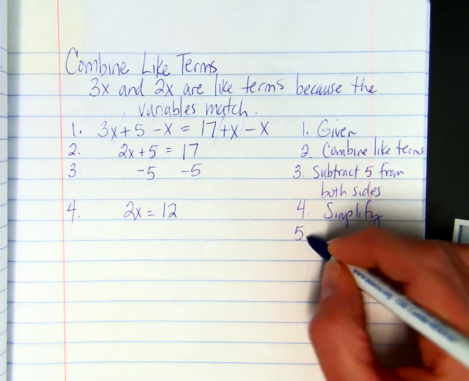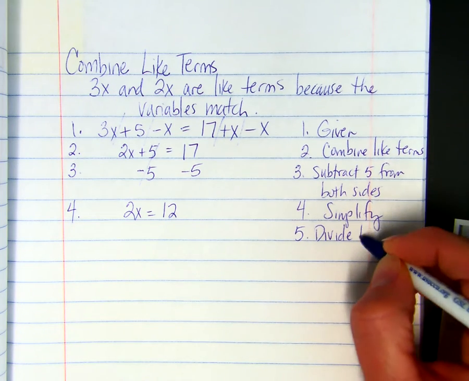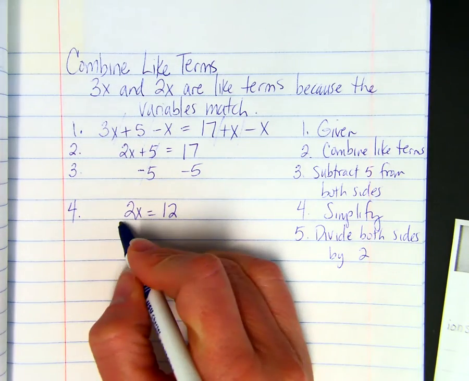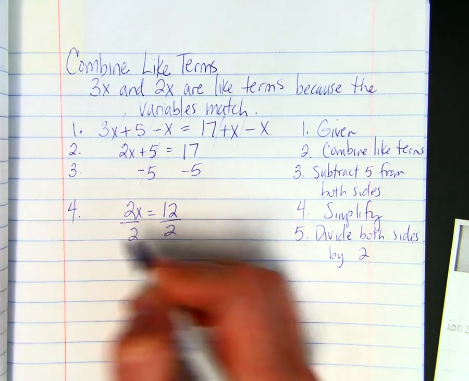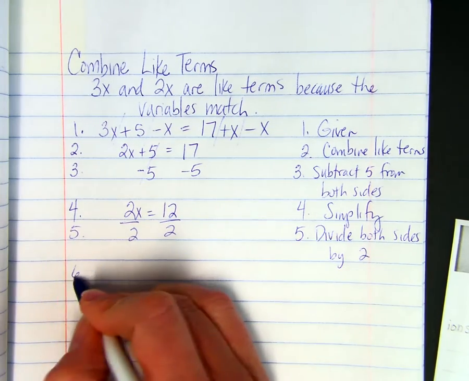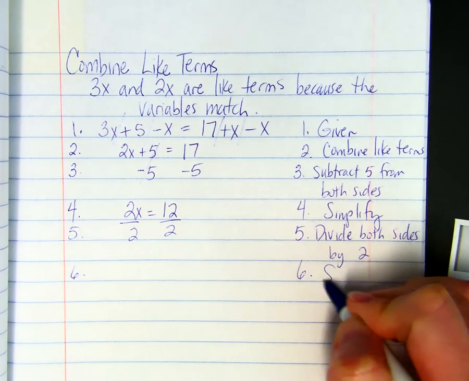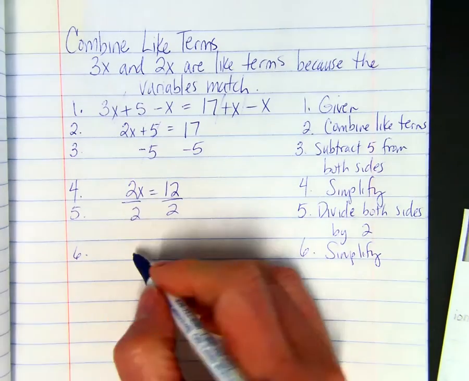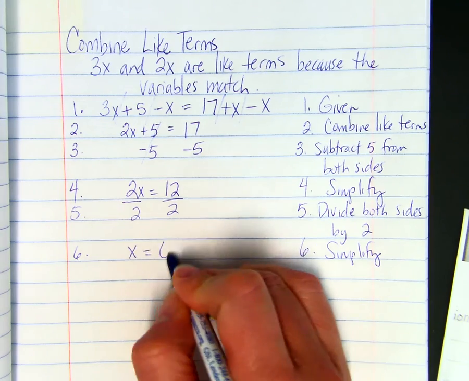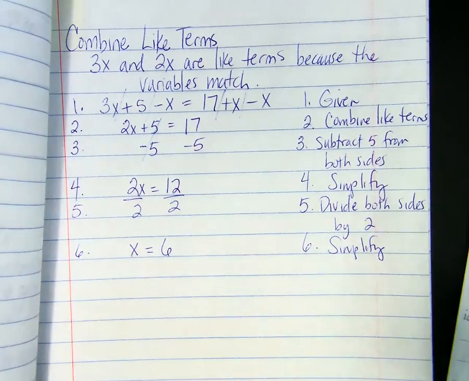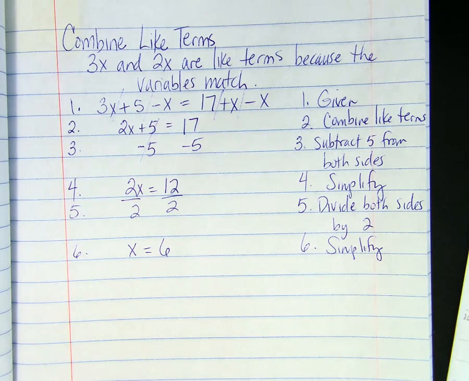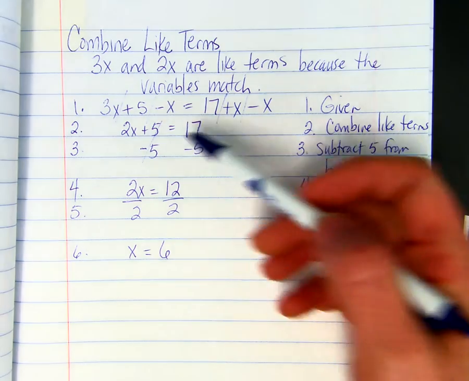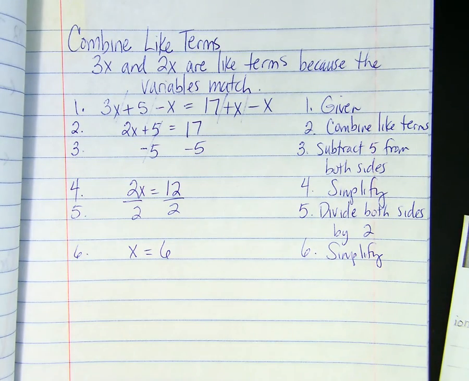Then we're going to divide both sides by 2, and that will be step 5. Step 6 will be to simplify. 2 divided by 2 times x is just 1x, and 12 divided by 2 is 6. So when we're asked to simplify equations and show our steps or do the statements and the reasons, we could do it this way. And that's the end of the lesson.